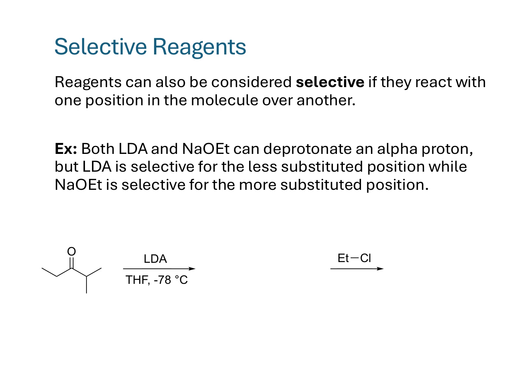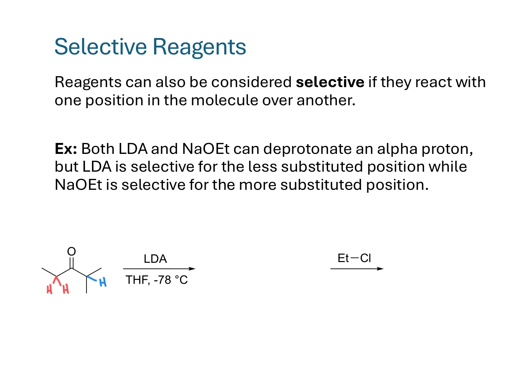And a base like LDA or sodium methoxide can deprotonate an alpha proton. And just looking at it in this molecule below here, we have alpha protons on this carbon and an alpha proton on this carbon. So a non-selective base could deprotonate here or here.